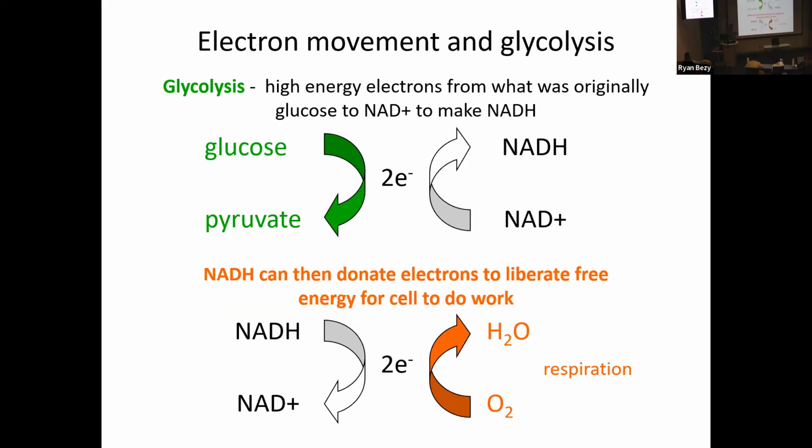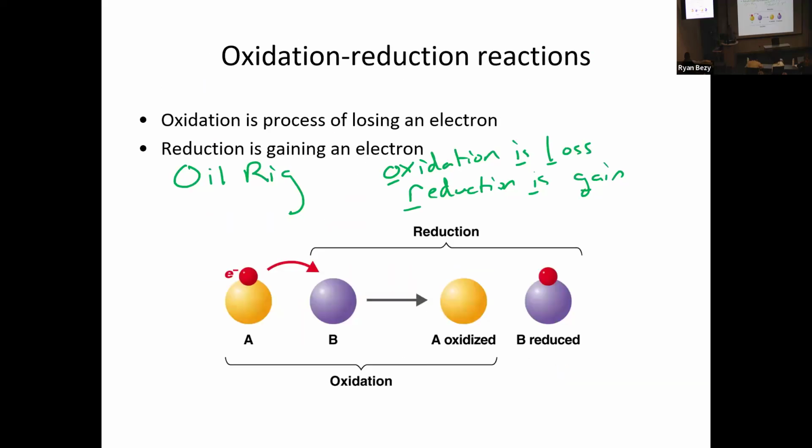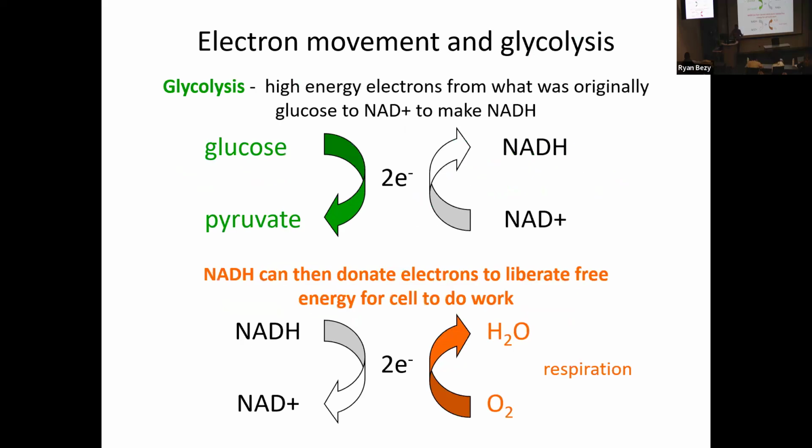What's happening during glycolysis? There's a bunch of high energy electrons on sugars like glucose. Those high energy electrons are a good source of energy for the cell.